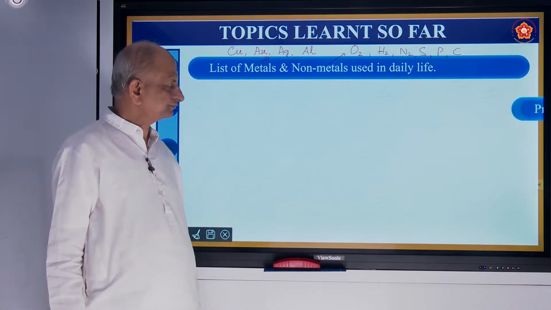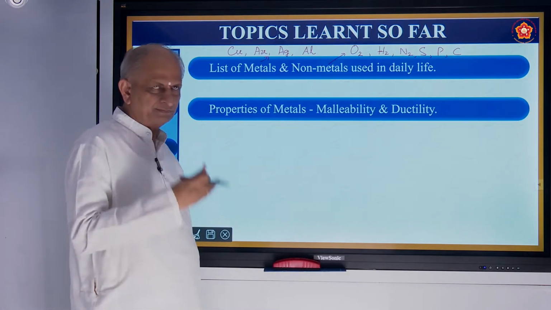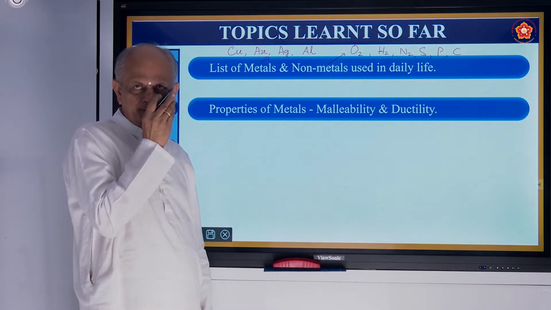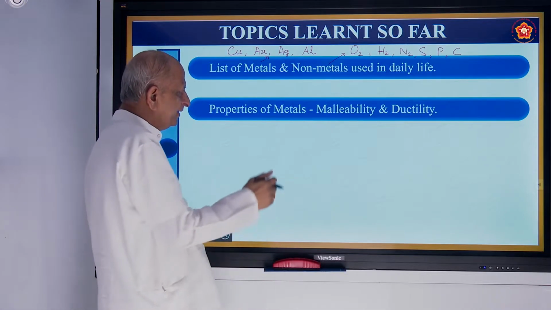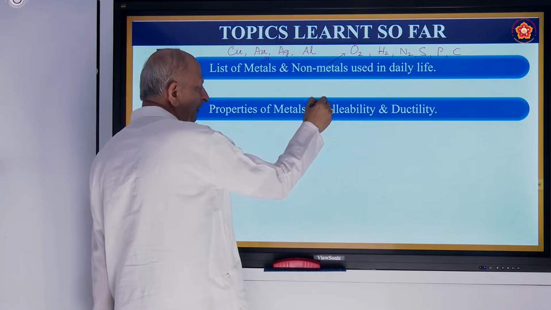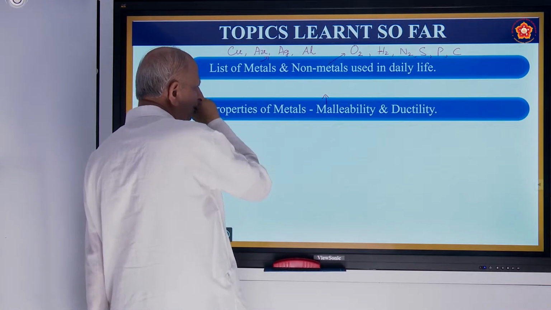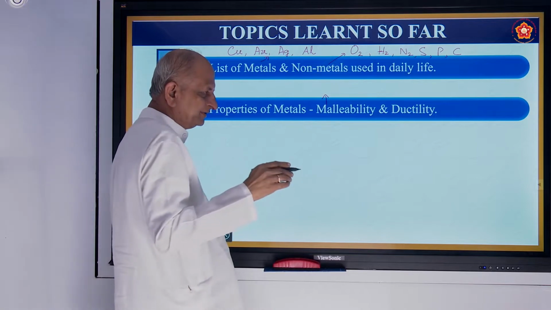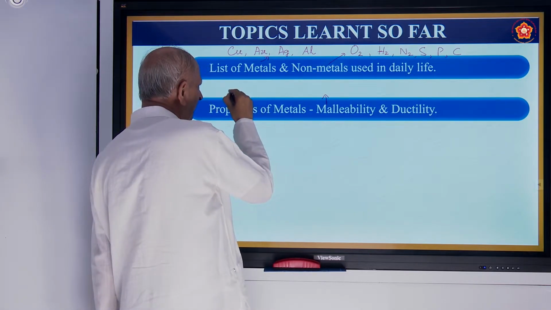Okay. Also we have studied some physical properties of metals. One of the famous properties is called malleability. What is malleability? Malleability is a property when metals on heating can be beaten into sheets.